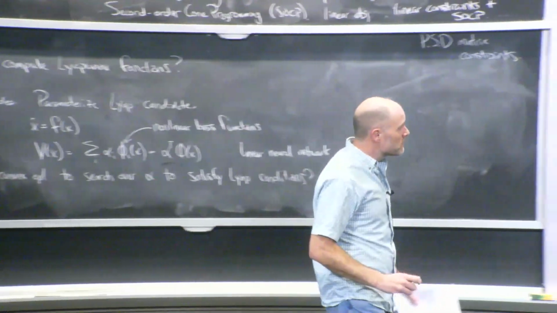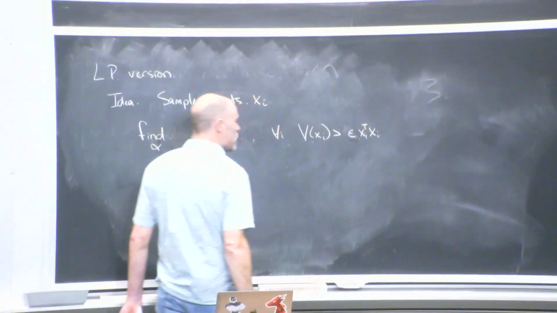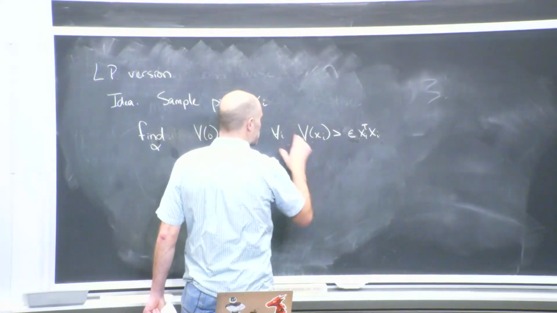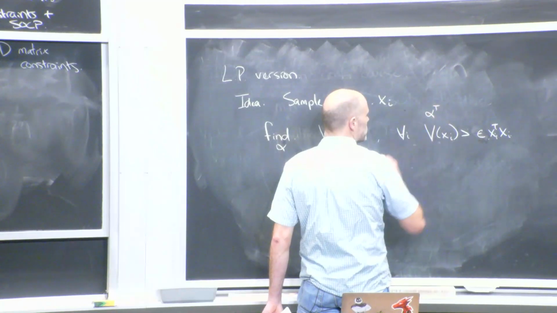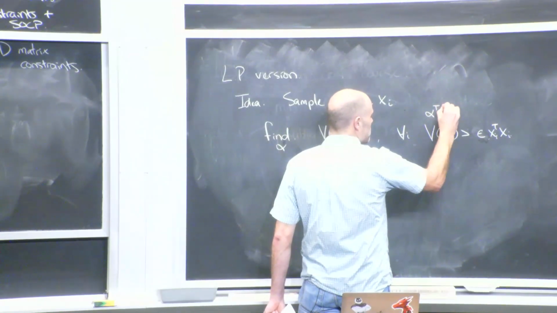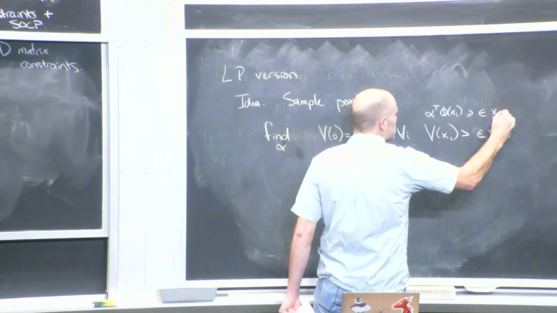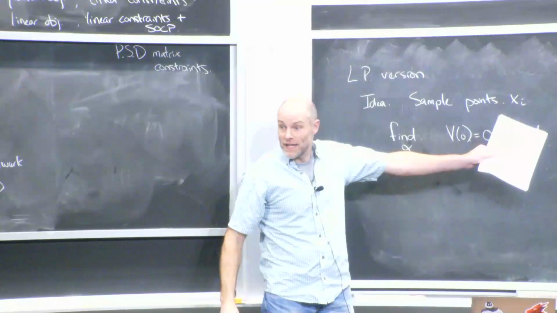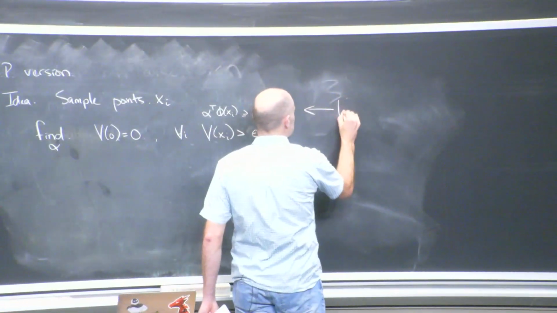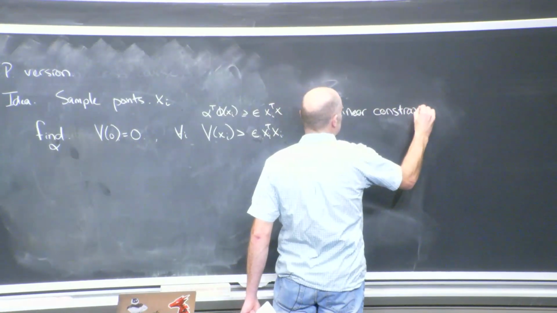But for the purposes of the program, this is alpha transpose phi of xi greater than epsilon xi transpose xi. That's just a linear constraint in alpha.